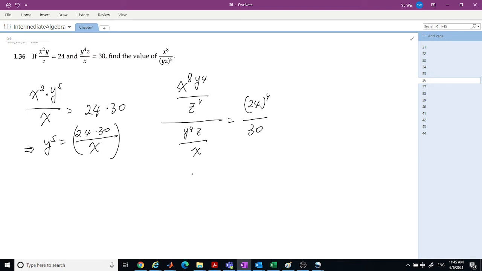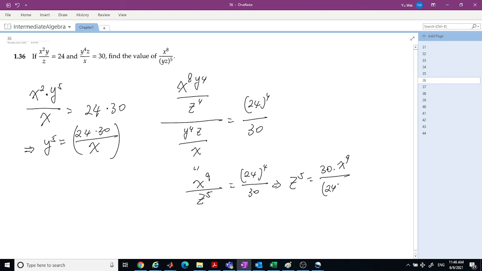So this one is equal to x to the 9. y is gone, right? Then we have z to the 5 is equal to 24 to the 4 and 30. Now we can solve z to the 5. So z to the 5 equals 30 times x to the 9 over 24 to the 4.